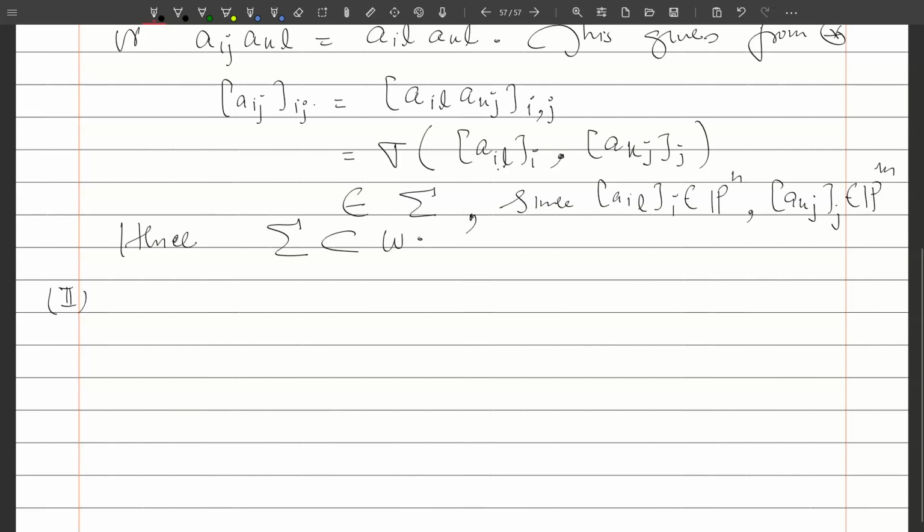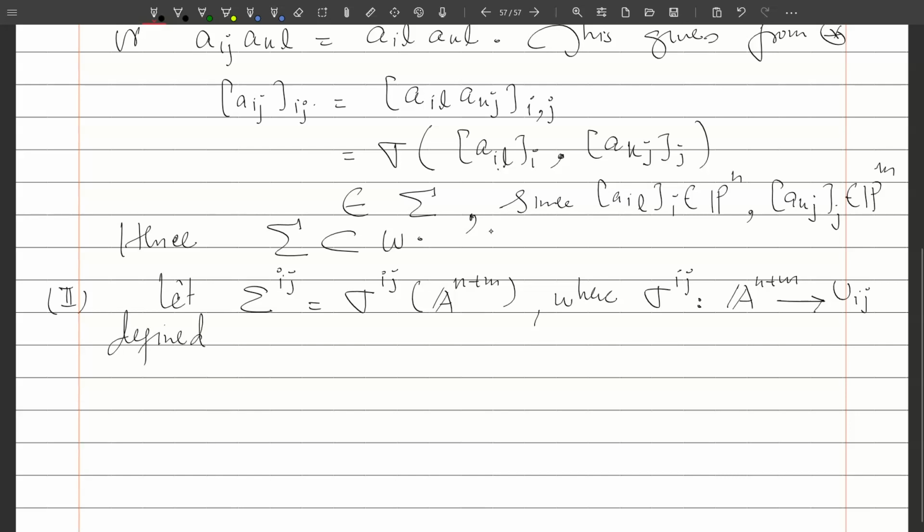Now to prove the second item, we have sigma_ij, which is the image of the map, this little sigma_ij, of A^(n+m). This sigma_ij is actually a map from A^(n+m) to U_ij, defined as follows. The sigma_ij takes a point inside A^(n+m), which we can identify as a point inside A^n times A^m, so this is a point (p,q), where p is in A^n and q is in A^m.